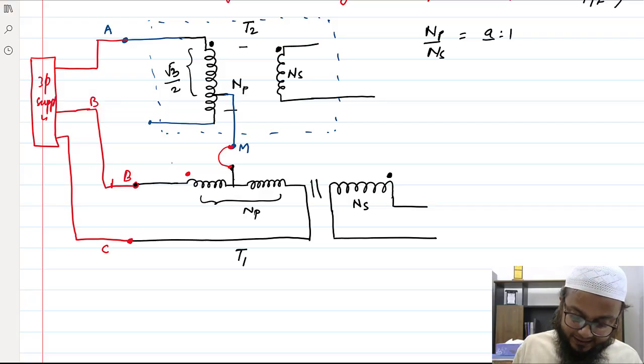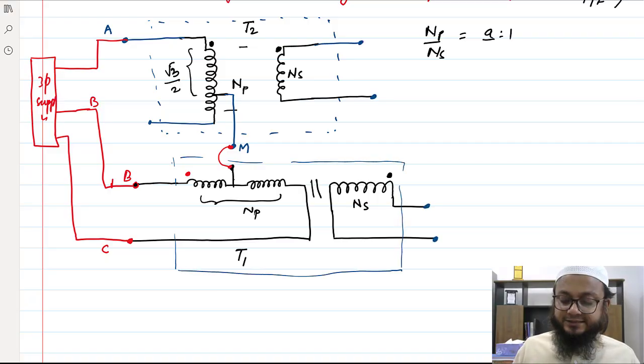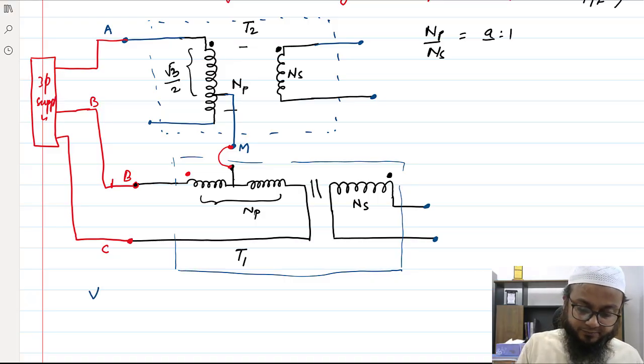And this is the second single-phase transformer. Let's try to find how the voltages will appear. For the sake of simplicity, I am saying VAB. Earlier we used to take the phase voltage at a particular angle and then calculate the line voltages.